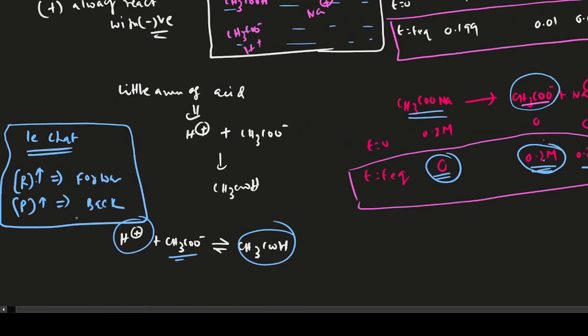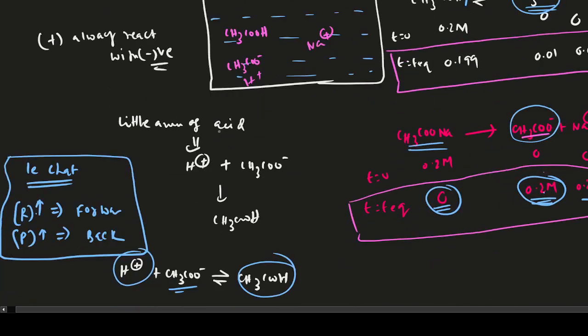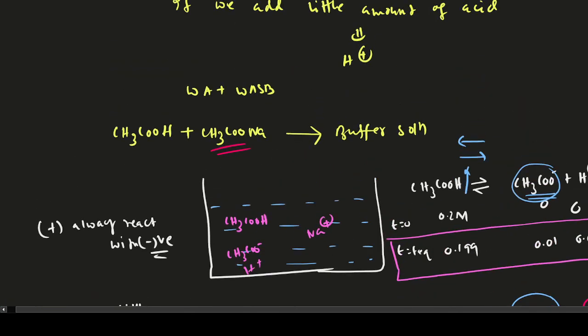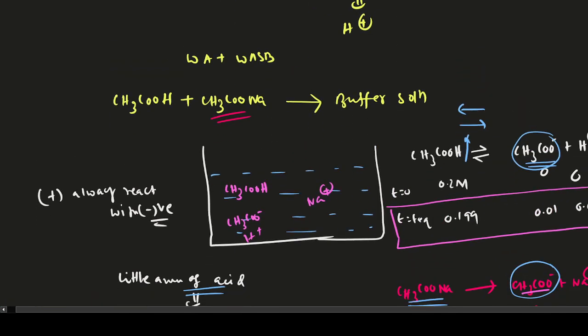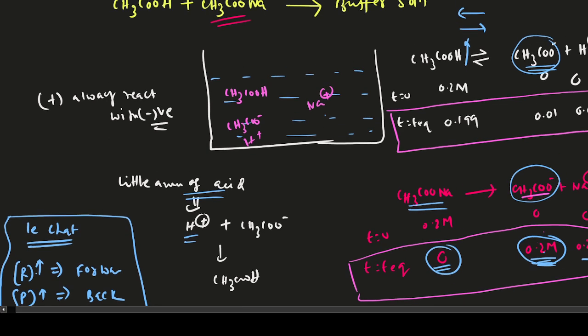According to that, since the product concentration is very high, this should shift in the backward direction. And remember that we add only a little amount of acid, meaning very little H plus, which reacts with a very small amount of CH3COO minus and forms CH3COOH. But in our solution this is present in a huge amount, 0.2 molar.